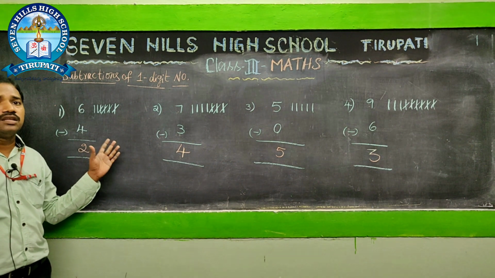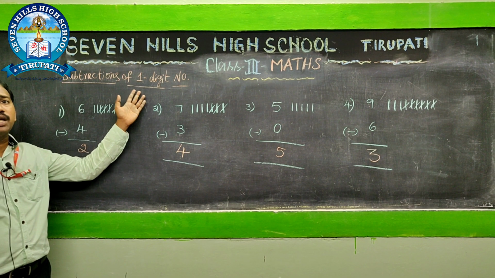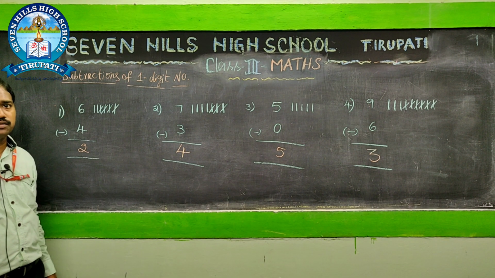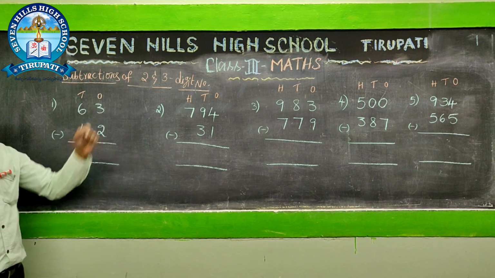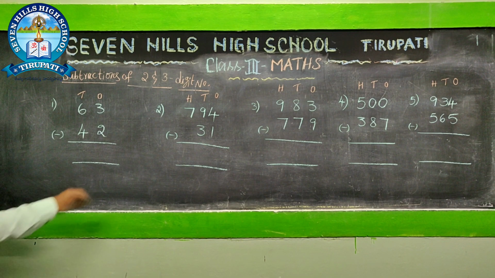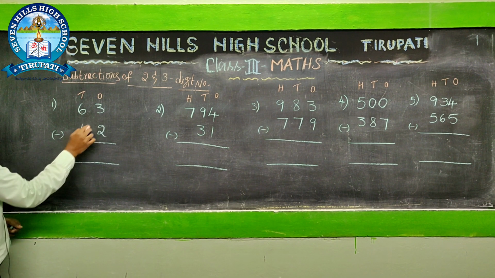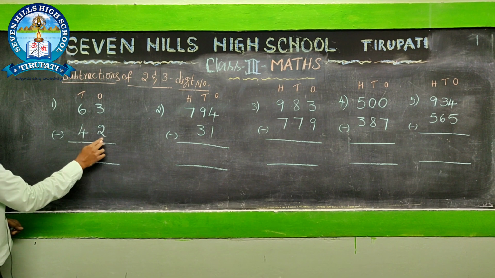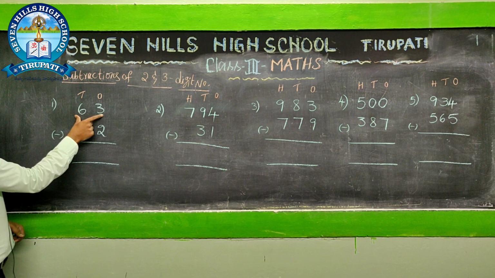Now let us learn how to subtract 2 digit numbers and 3 digit numbers, right? Subtraction of 2 and 3 digit numbers. See here, the number is 63 and the other number is 42. You have to subtract 42 from 63.